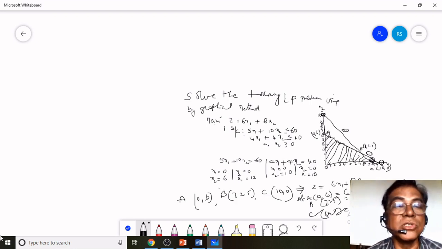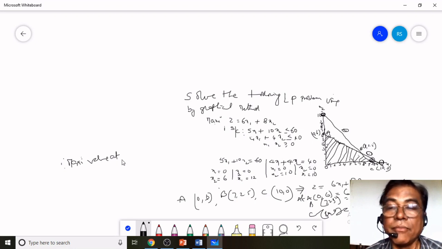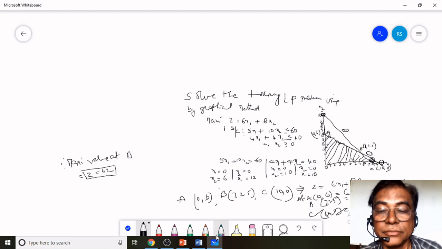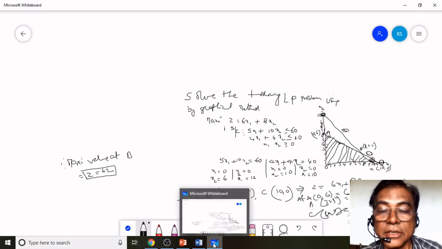Therefore the final solution of the problem: the maximum value is Z equal to 62 at B. So this is the final solution if the equation is given like this. Now the problem is completed.